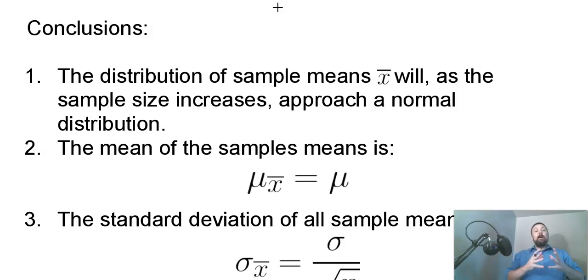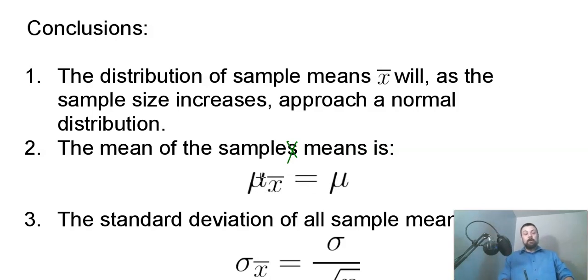The mean of the sample means, so we're looking at the mean of our new set of values, which are the sample means of samples of size n. The mean of those sample means will actually equal the mean of the original set of numbers, right?